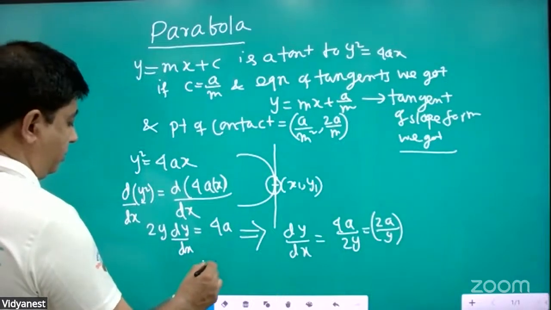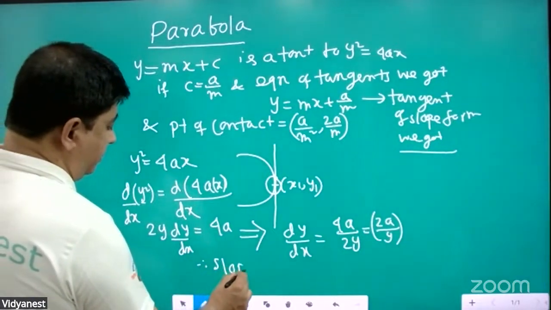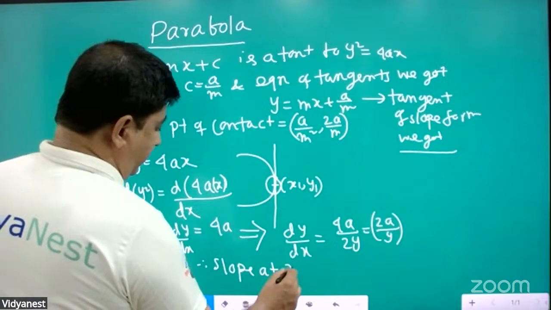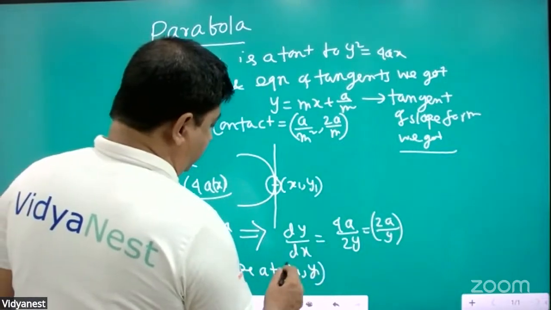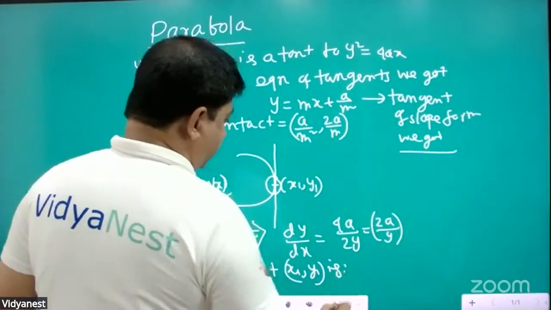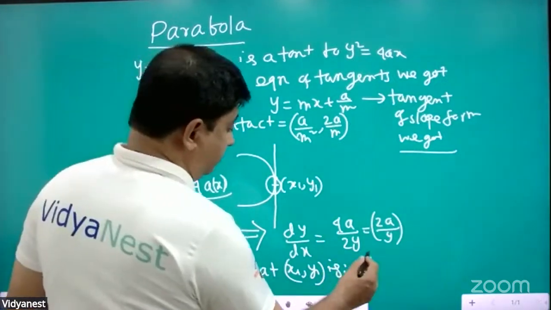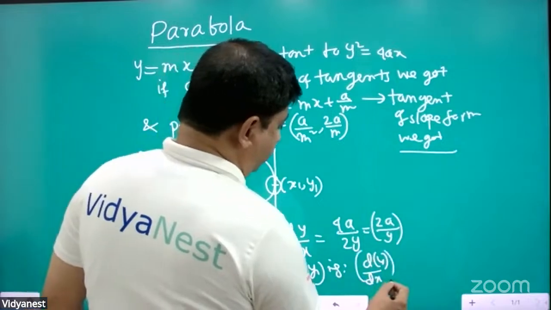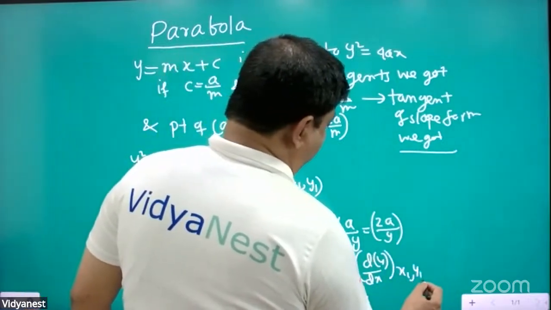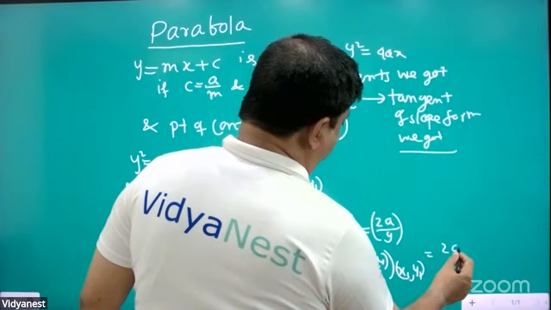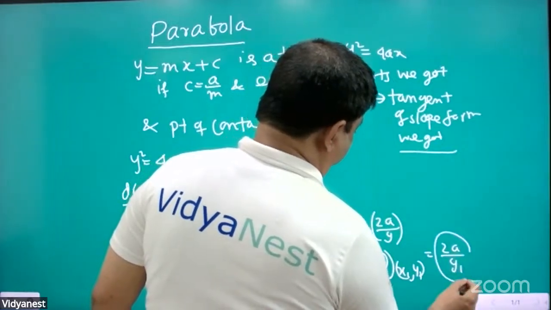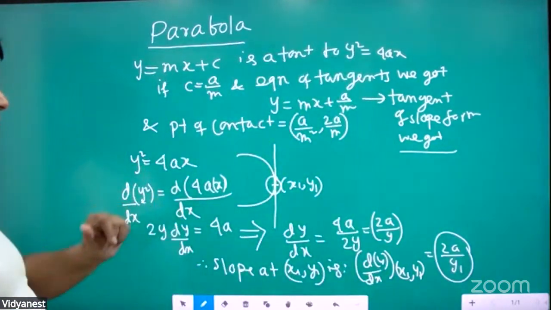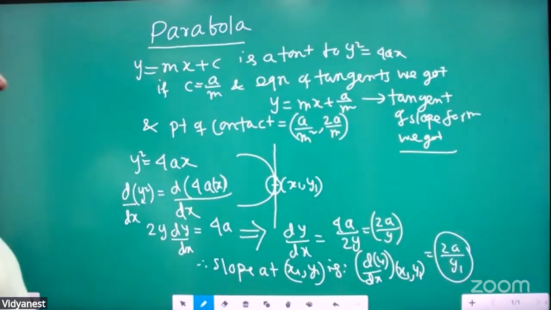Therefore the slope at (x1, y1), dy/dx, is 2a/y1. So this is the slope at (x1, y1).